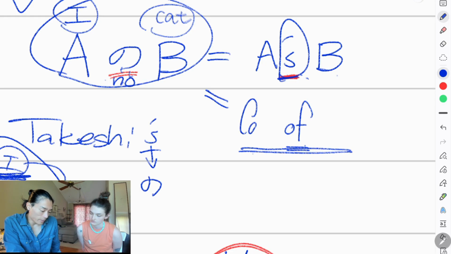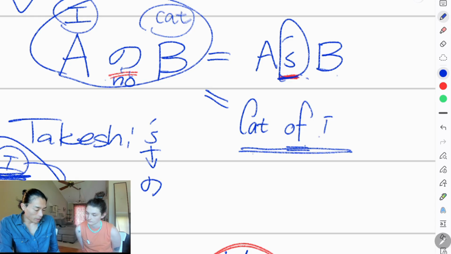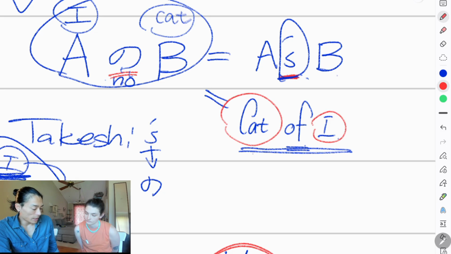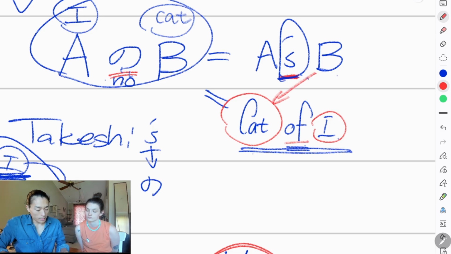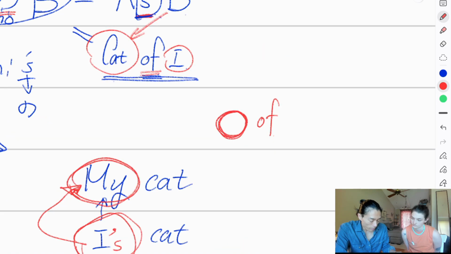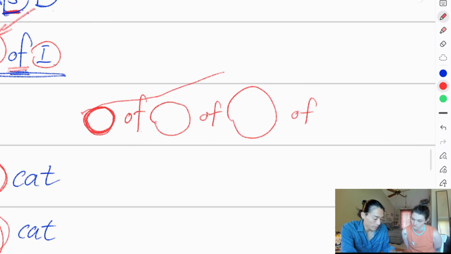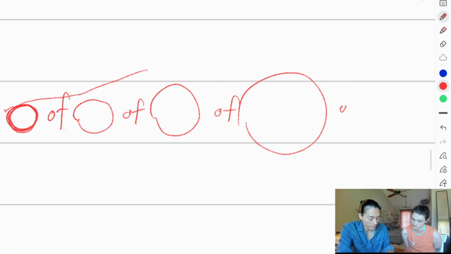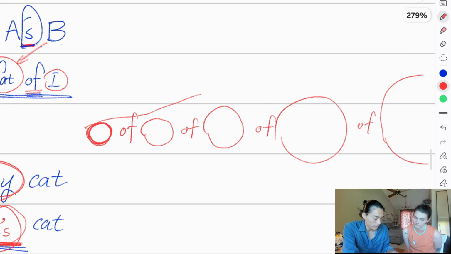Right? Cat of I. Of course, this one is also ungrammatical, but word-order-wise, we have to put cat here if we have to translate using "of." In English, when we use "of," we start with the main noun that we want to talk about, and then we go to less specific info, bigger vague info, and it gets less specific if you continue.